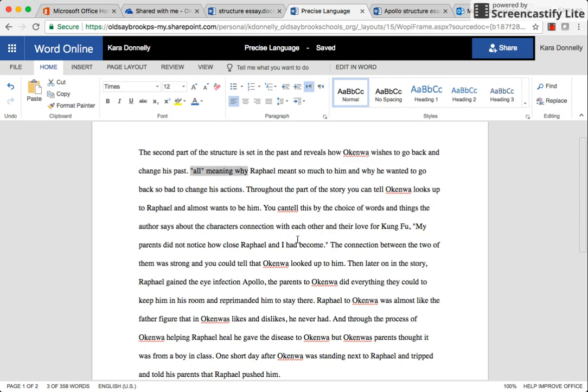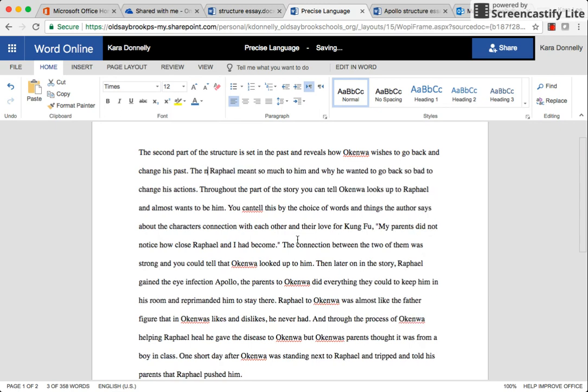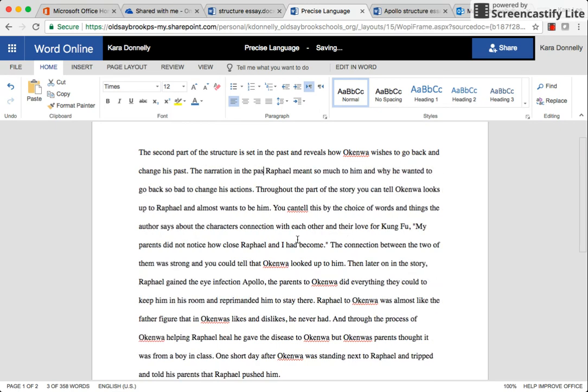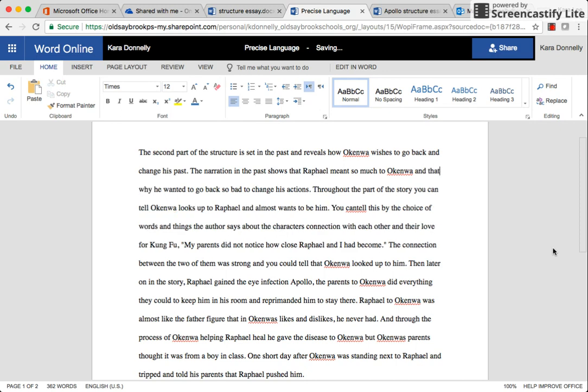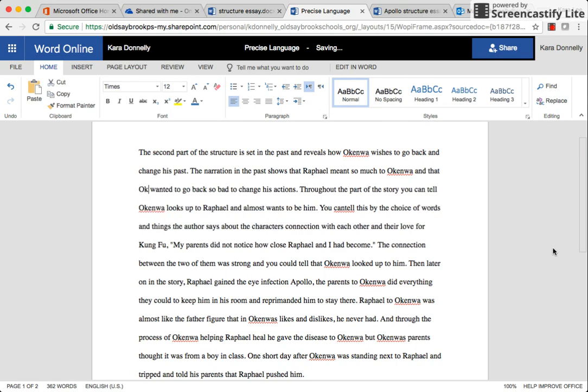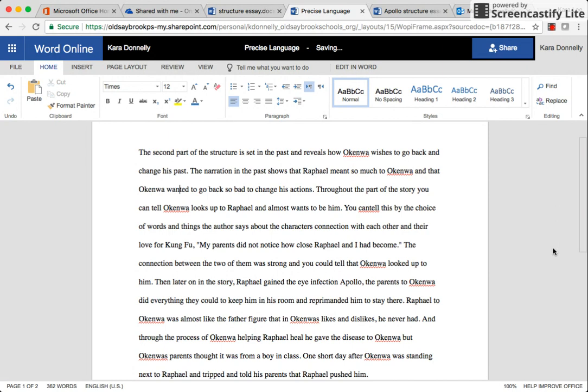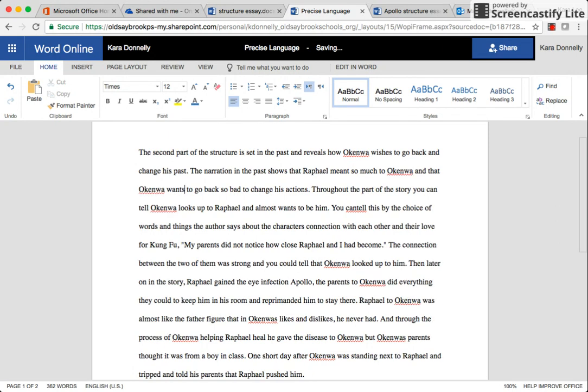So I'm going to make it a little bit more precise and say, "The narration in the past shows that Raphael meant so much to Okenwa, and that Okenwa wants, because he wants in the present, to go back and change his action."